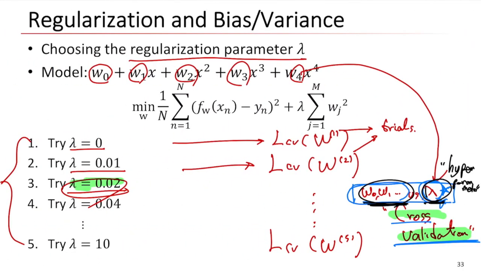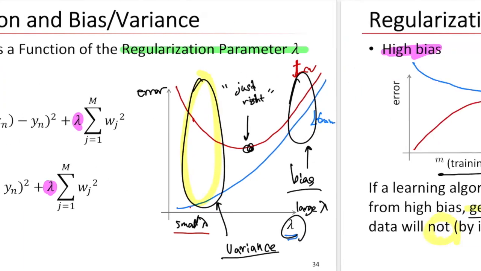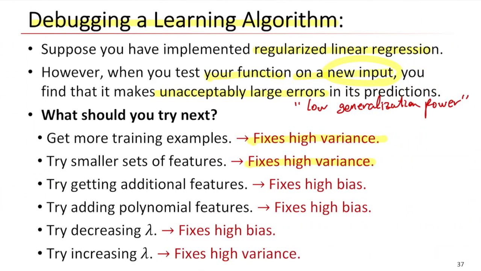And trying to get additional features is going to fix the high bias problem. Adding polynomial features is going to fix the high bias problem, and trying decreasing lambda fixes the high bias problem, and trying increasing lambda fixes the high variance problem.